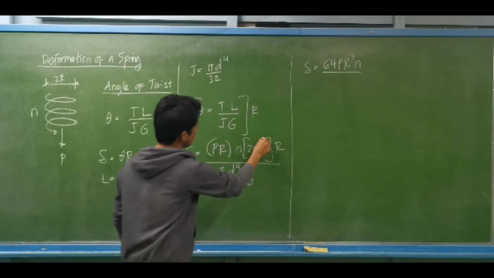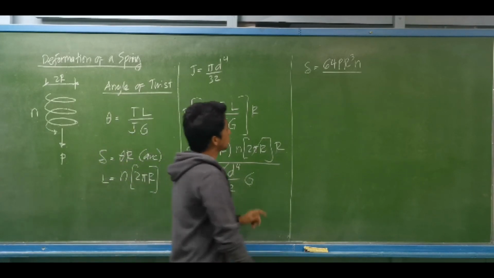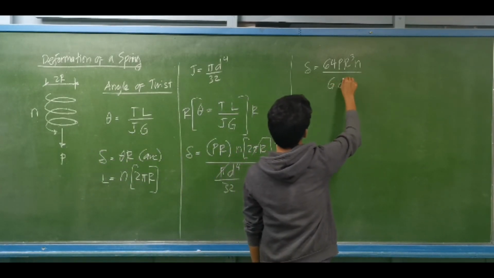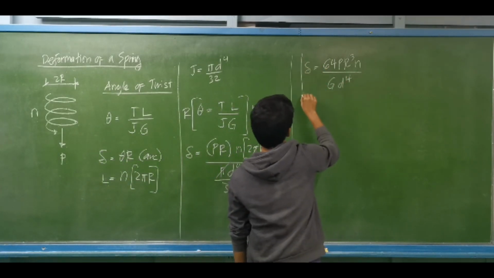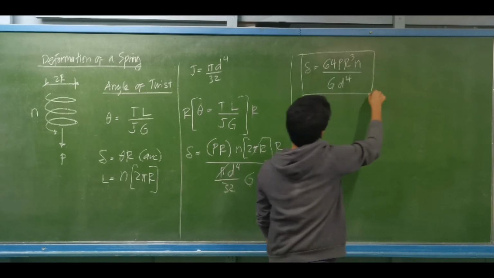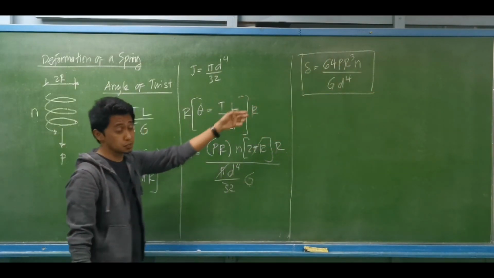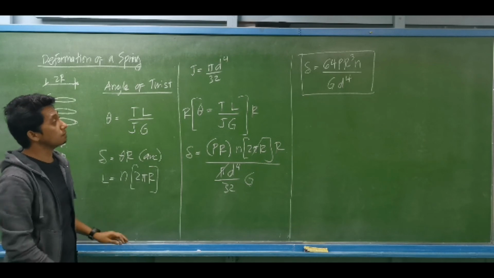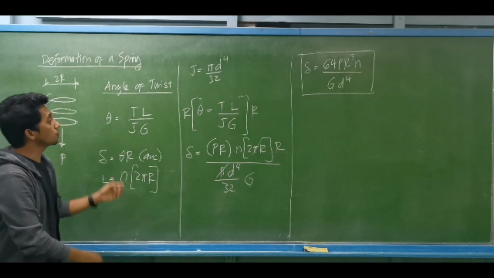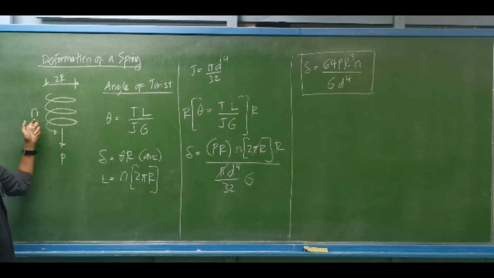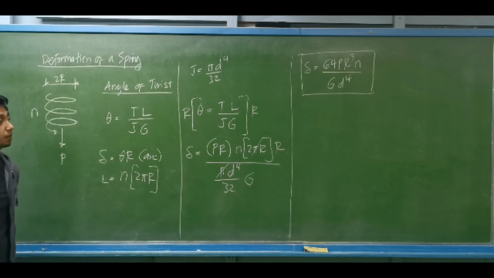We may cancel pi. That is divided by the modulus of rigidity times the diameter raised to 4. This is the formula for the deformation of a spring. So 64 times the load P, the radius of the coil cubed, the number of turns, all over the modulus of rigidity times the diameter of the wire raised to 4.